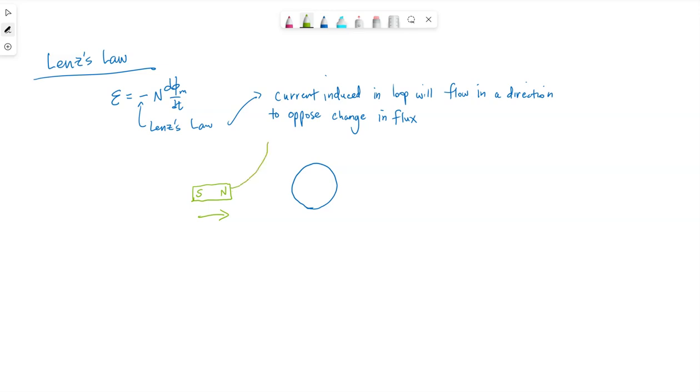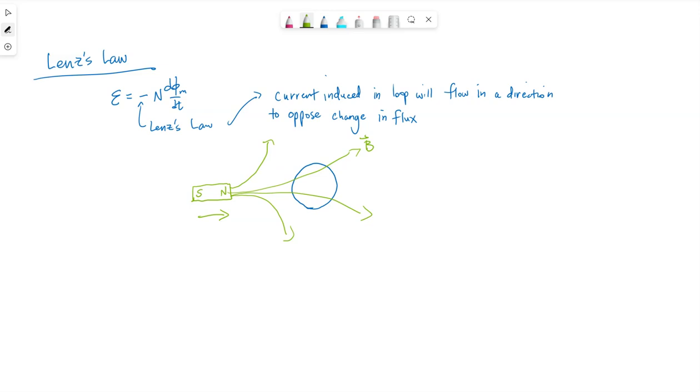Now I know the magnetic field comes out of north and loops around and goes into south. So if I was to represent the magnetic field of this bar magnet in the region near the loop, the magnetic field strength would not be super strong yet because we're still a fairly decent distance between the bar magnet and the loop.